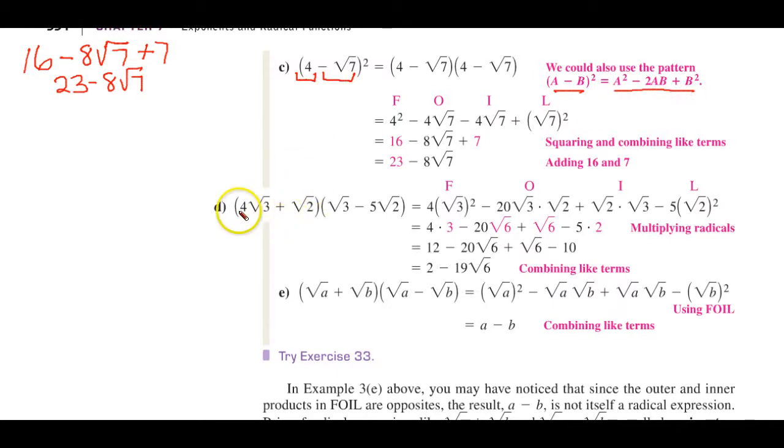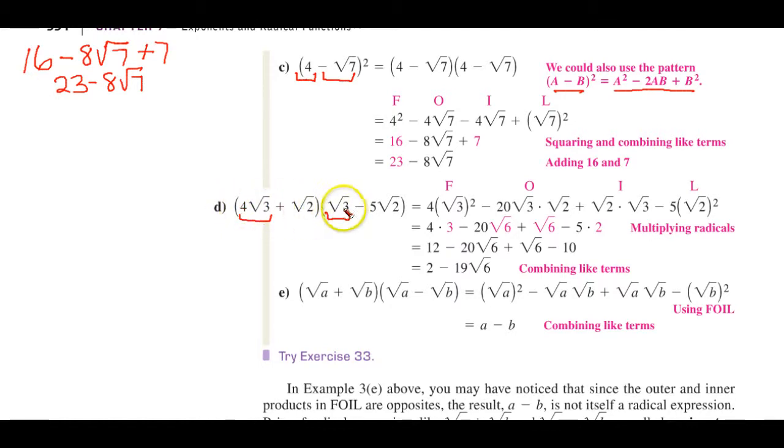Now, for this one, it's a little more tedious, and what you just do is the FOIL. So you're going to multiply this times this, and this gives you the square root of 9, which is 3.